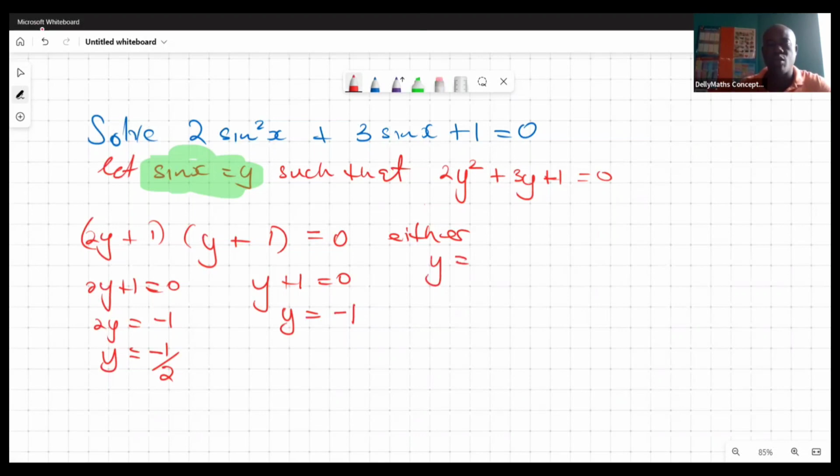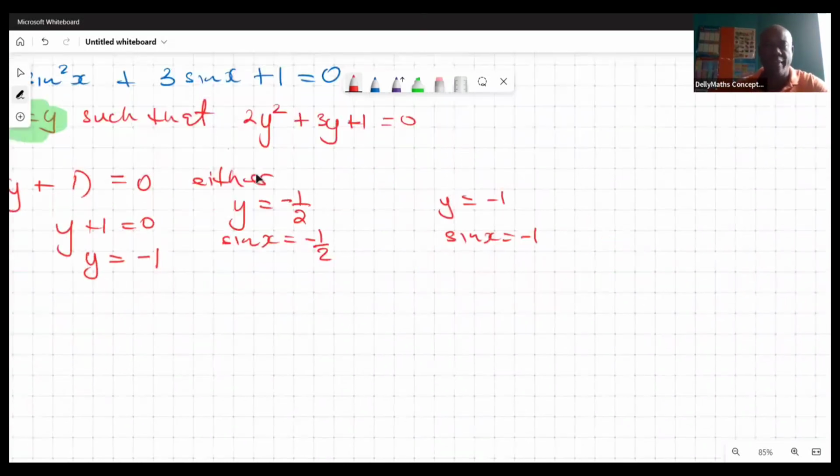So y is equal to negative a half. Therefore, we could say sine x is equal to negative a half. And where y is equal to negative 1, we could say sine x is equal to negative 1. So we're back now at the beginning where we could now find these solutions and we will be good.